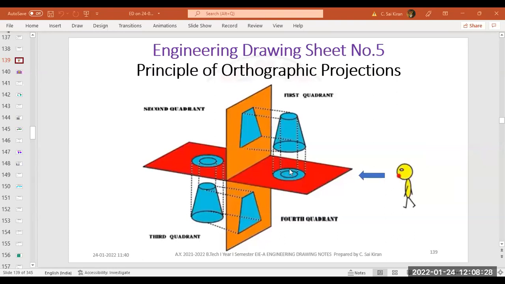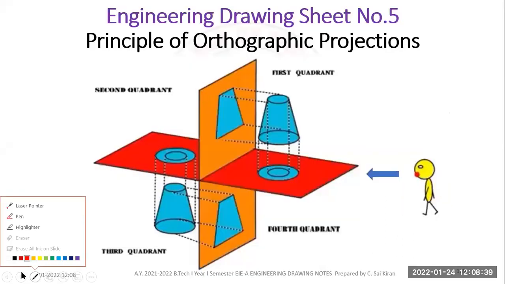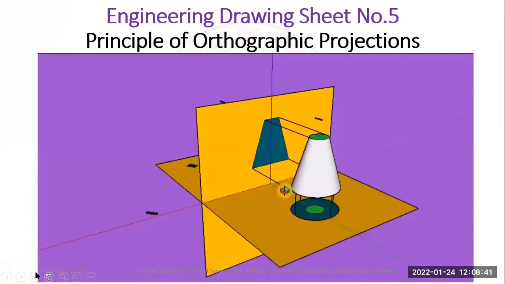This glass is at a certain height from the ground, and this vertical height is called H. Whatever this height from the ground is, it is called the H distance, and whatever distance in front, this is called the D distance. Already discussed in the last class.